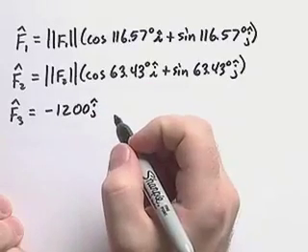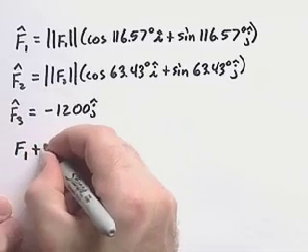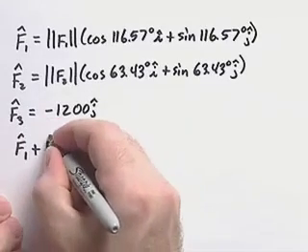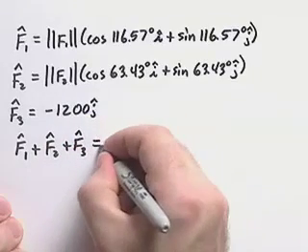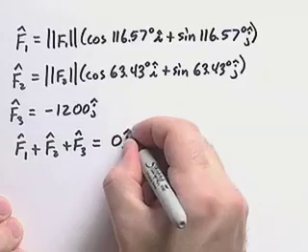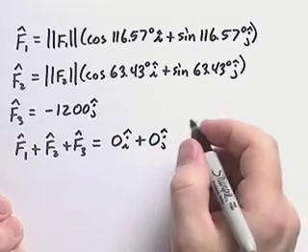Since the system is in equilibrium, we need F1, or force 1, plus force 2, plus force 3 to equal 0 times unit vector i, plus 0 times the unit vector j.